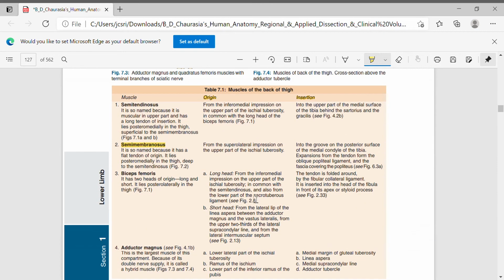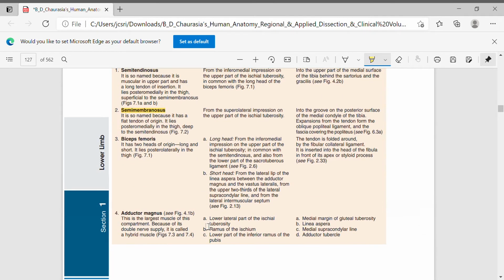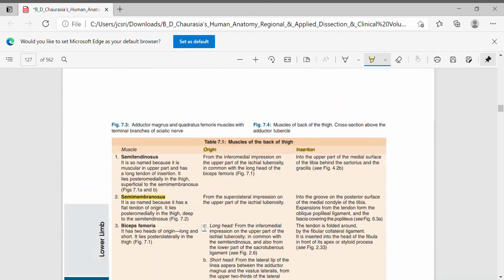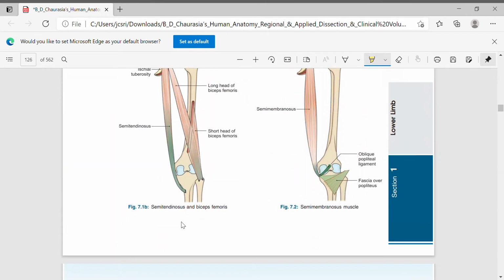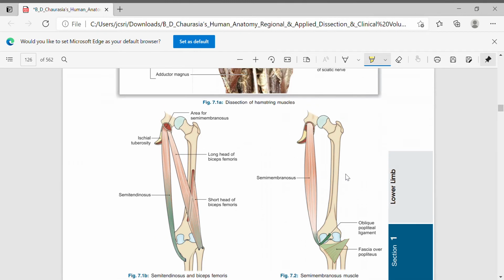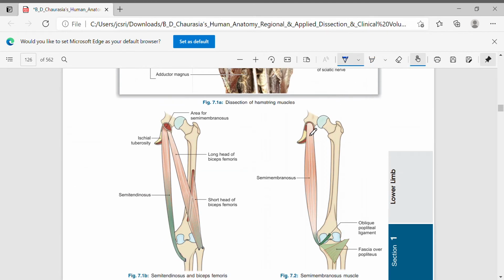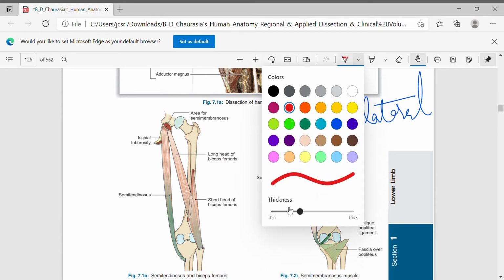Semimembranosus arises from the superior lateral impression on the upper part of the ischial tuberosity. If you can see in any diagram, we have the ischial tuberosity. Here you have the superior lateral impression of the ischial tuberosity.